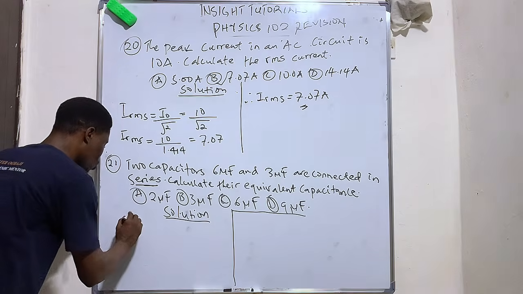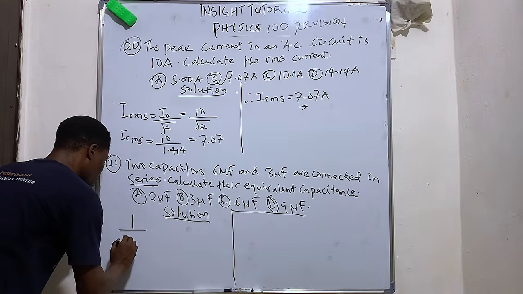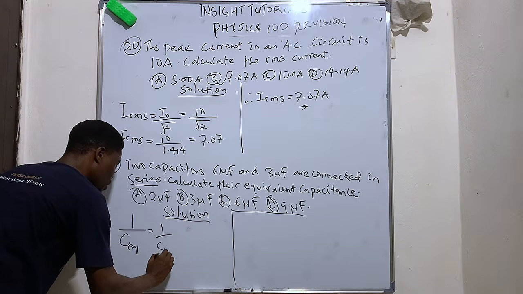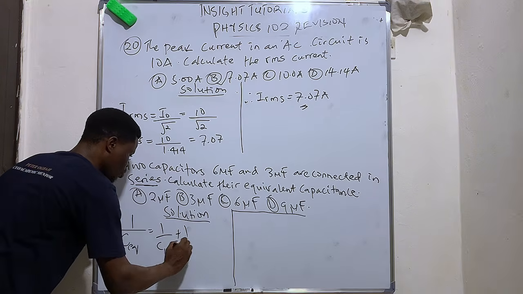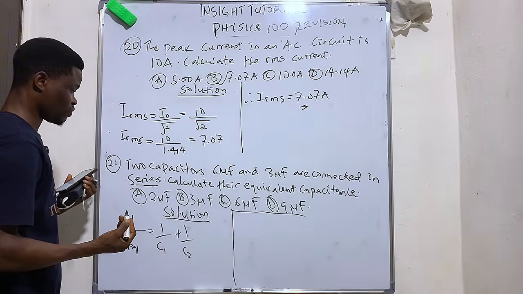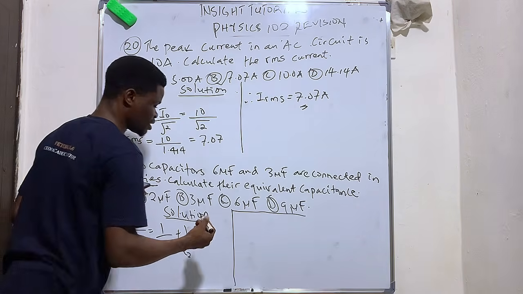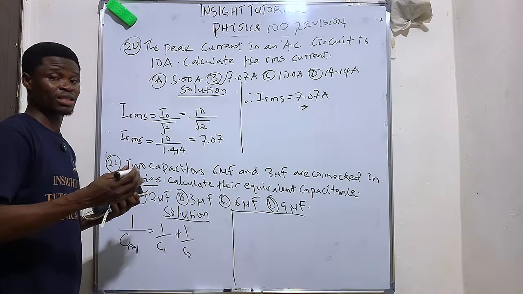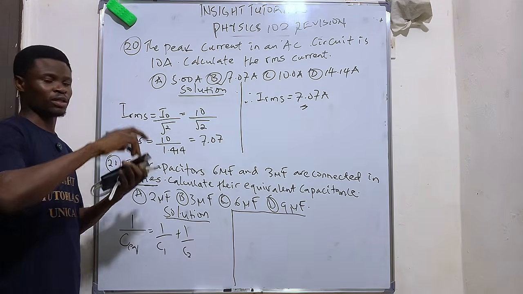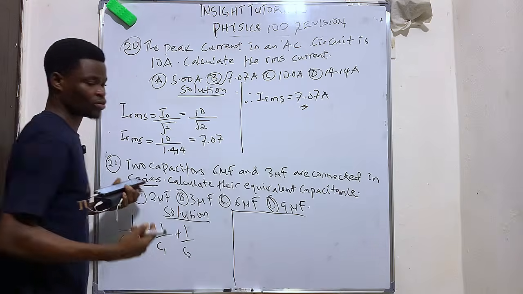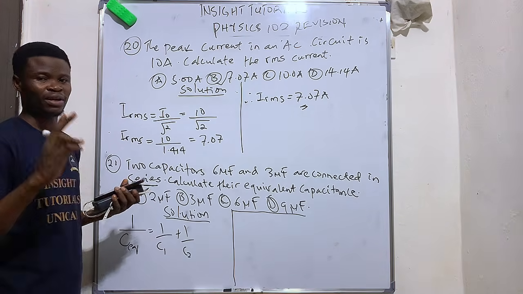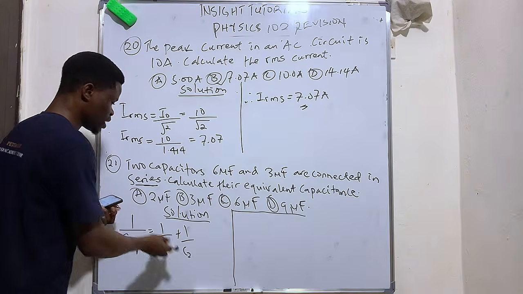You can use 1 all over the equivalent capacitance, which is equal to 1 all over the first capacitance plus 1 all over the second capacitance. Or you can say that the equivalent capacitance is equal to the product of the two capacitors all over the sum of the two capacitors. Either way, you still arrive at the same answer. So let us apply the two ways.